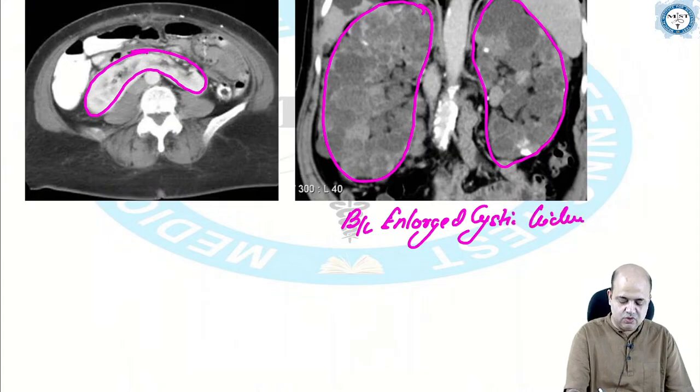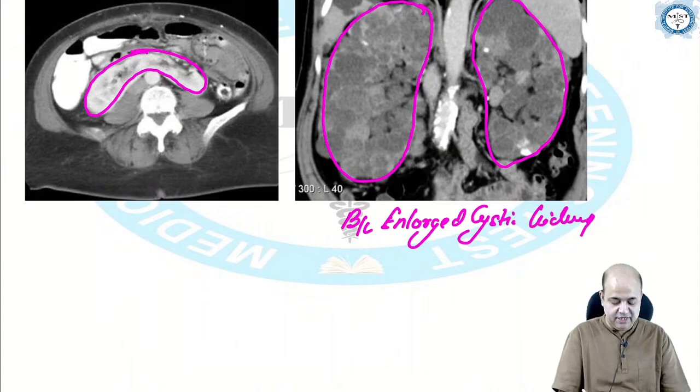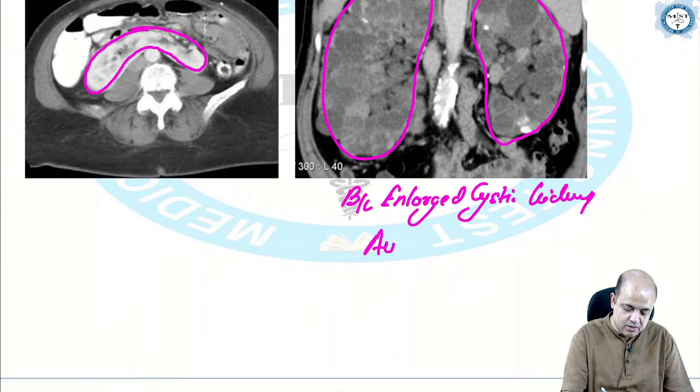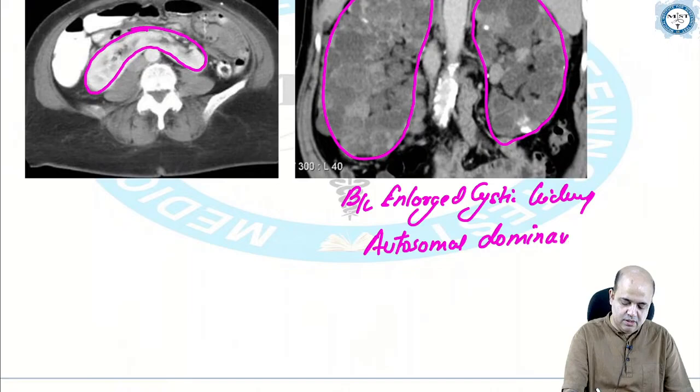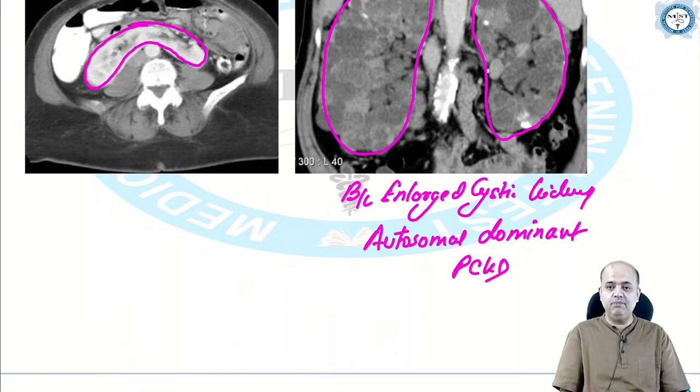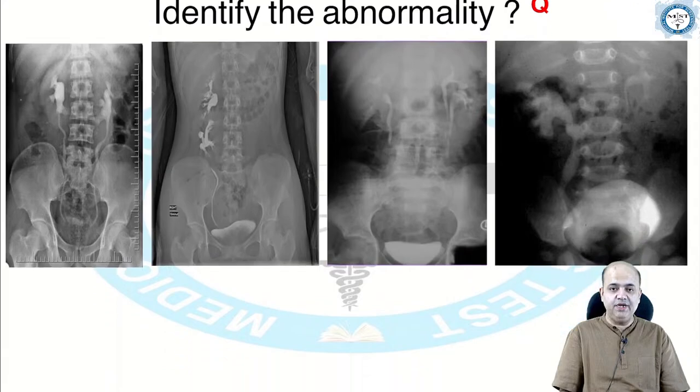This is autosomal dominant polycystic kidney disease.